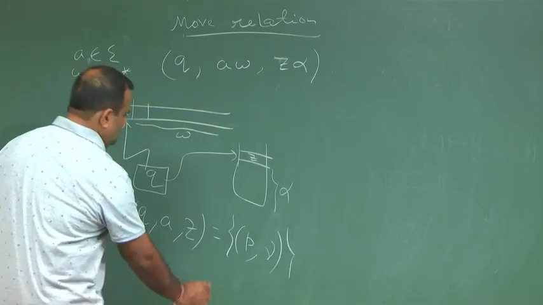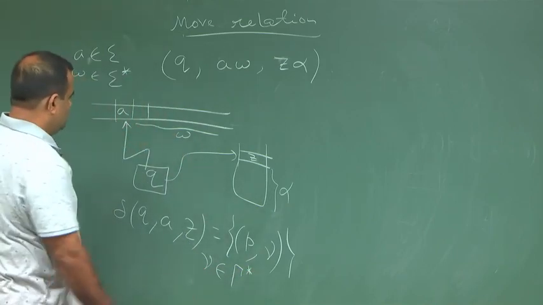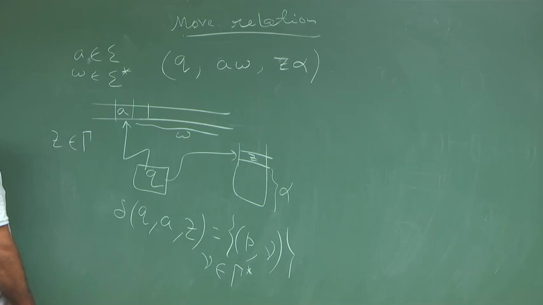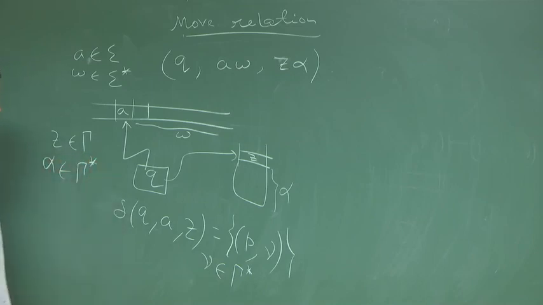So, gamma is again a string of stack symbols. Here Z is a stack symbol, gamma is a string of stack symbols and alpha is a string of stack symbols. Okay. So, this is the situation.